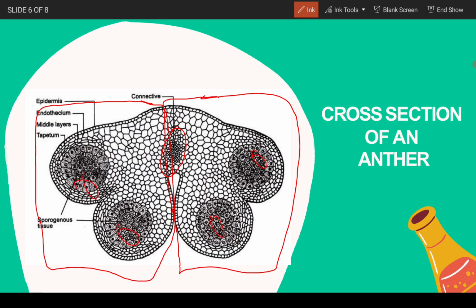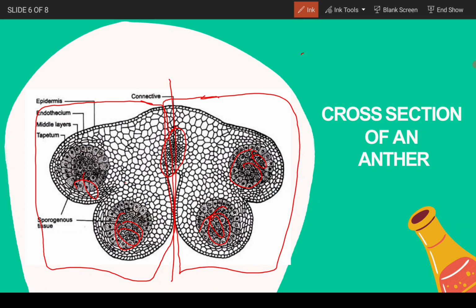The lobes are present on either side of the connective, or this imaginary axis passing through the connective, and the parts on either side are identical, each containing two round structures. I'll come to what these round structures and small cells are, but till then, what you have to be crystal clear about is that the Anther is bilobed.